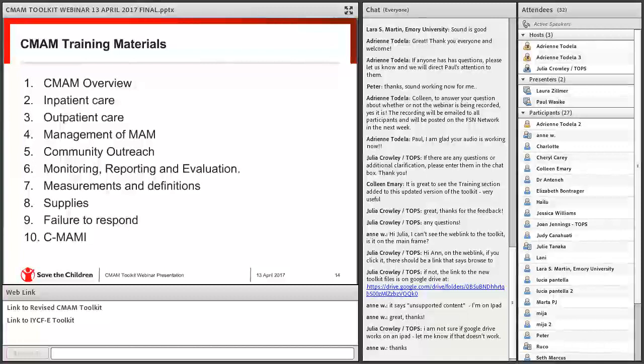And in my view, it's one that could actually be used even for training pediatricians, for example, those who may not necessarily be interested in management of MAM or community outreach, but basically dealing with children within the stabilization center or the nutrition wing of the pediatric ward, as some of them refer to it. So it's also quite comprehensive, and it has additional reference documents and training guides that could be useful as well.